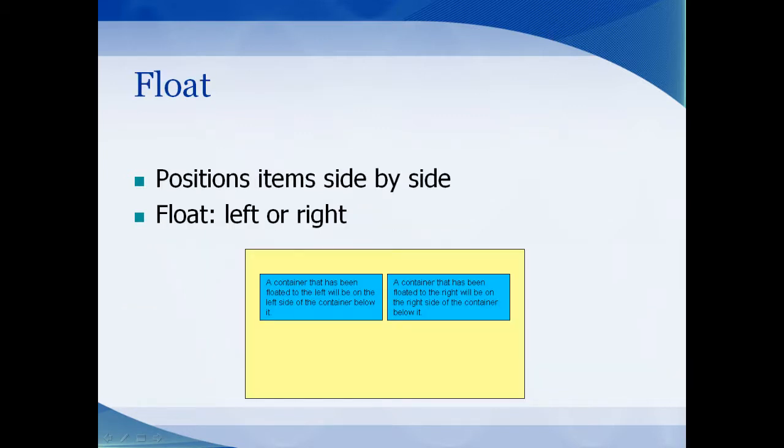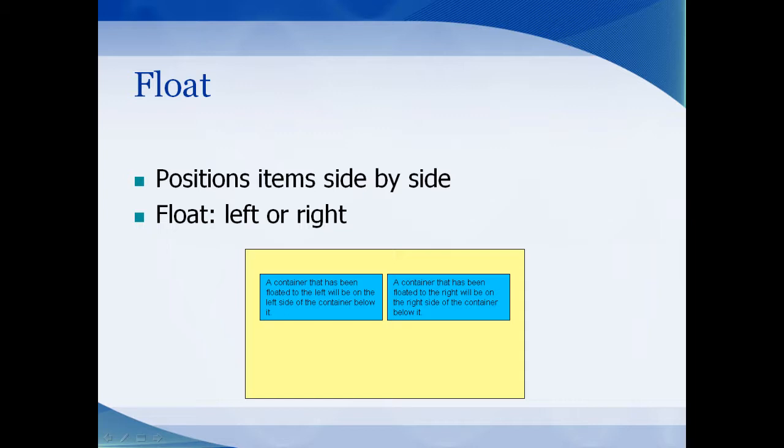Most elements in HTML are block elements. This means they automatically start a new line before the previous element. Now if all you used were block elements, it means all the elements on your page would just appear one right after another. Now you can position two elements side by side using the float property. Float pushes one item either to the left or to the right, whichever you specify, and it makes the item in the code below it display to its side.